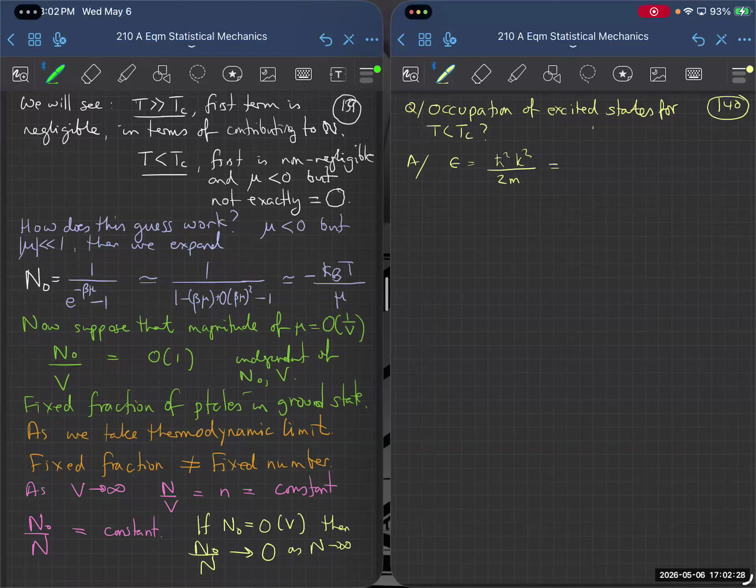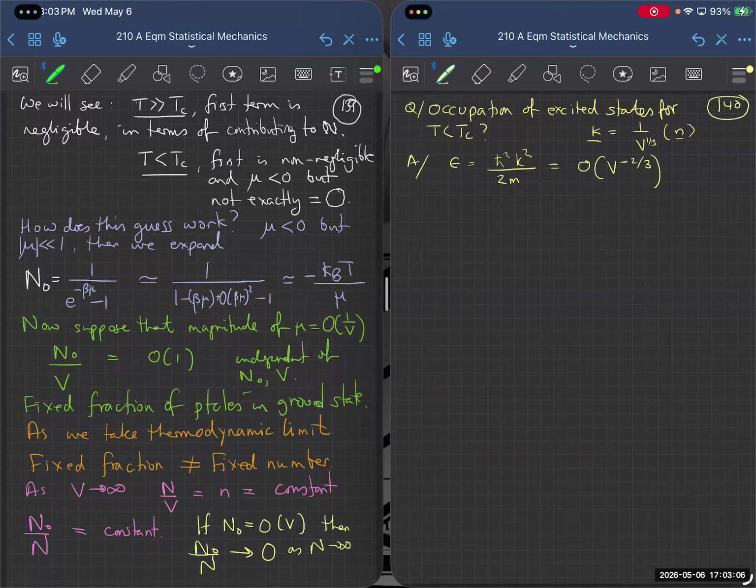We know that k is like 1 over the volume to the 1/3 times the quantum numbers. Remember that each component of the momentum goes like k is 2 pi over L times the quantum numbers. L is the volume to the 1/3 power. So therefore, this is a quantity that scales as V to the minus 2/3.